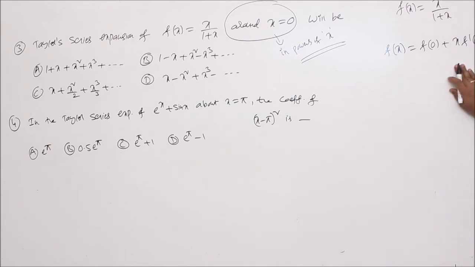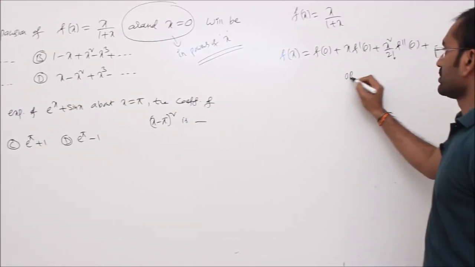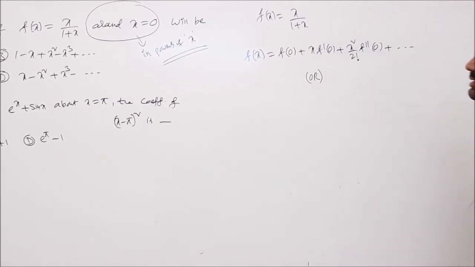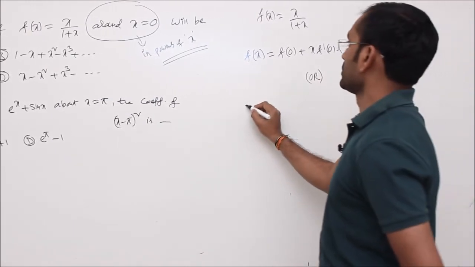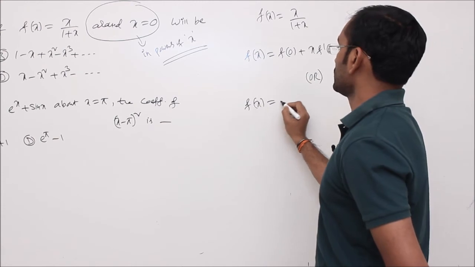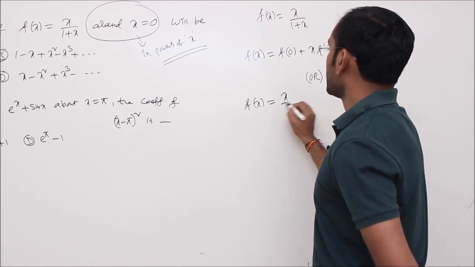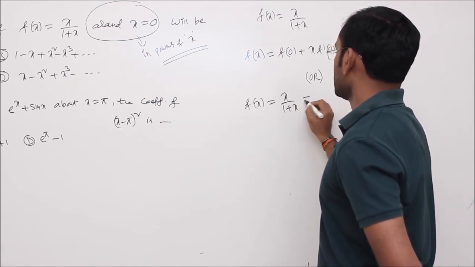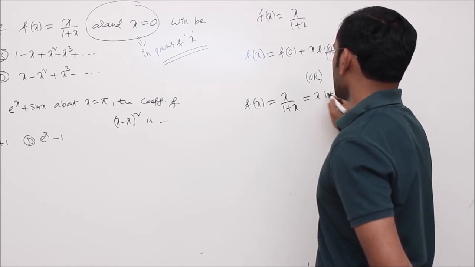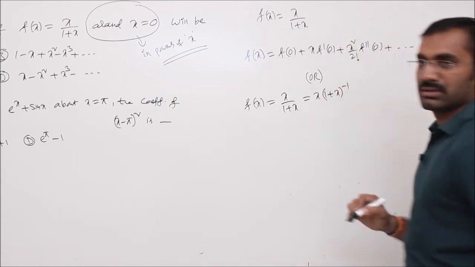So we can apply this formula, or we can go for one shortcut method. That is, f of x is equal to, writing x by 1 plus x as x into (1 plus x) whole power minus 1.